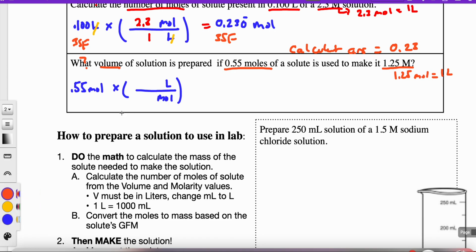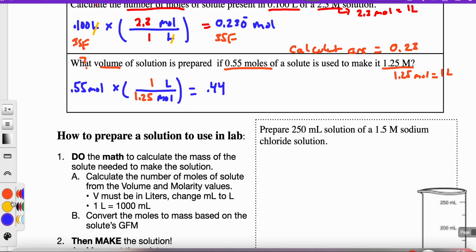In this question, the 1.25 goes wherever I put the moles in the fraction, and the 1 goes wherever I put the liters. Now when I put this into my calculator, it's 0.55 moles times 1 liter divided by 1.25. I get a calculator answer of 0.44.